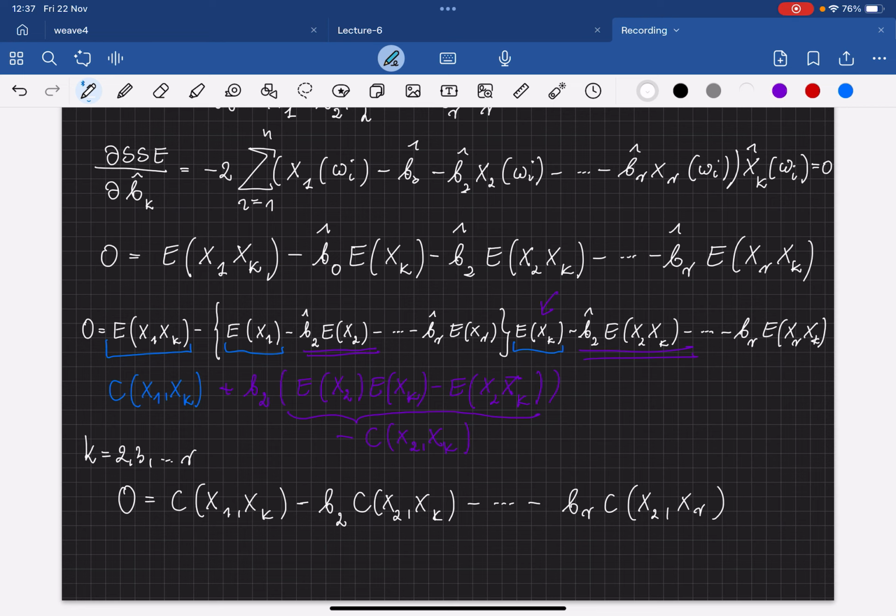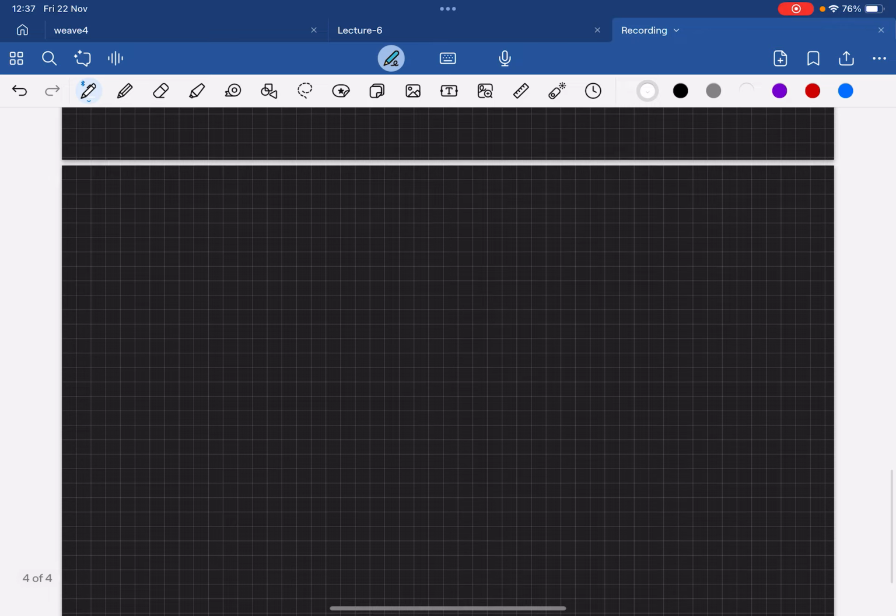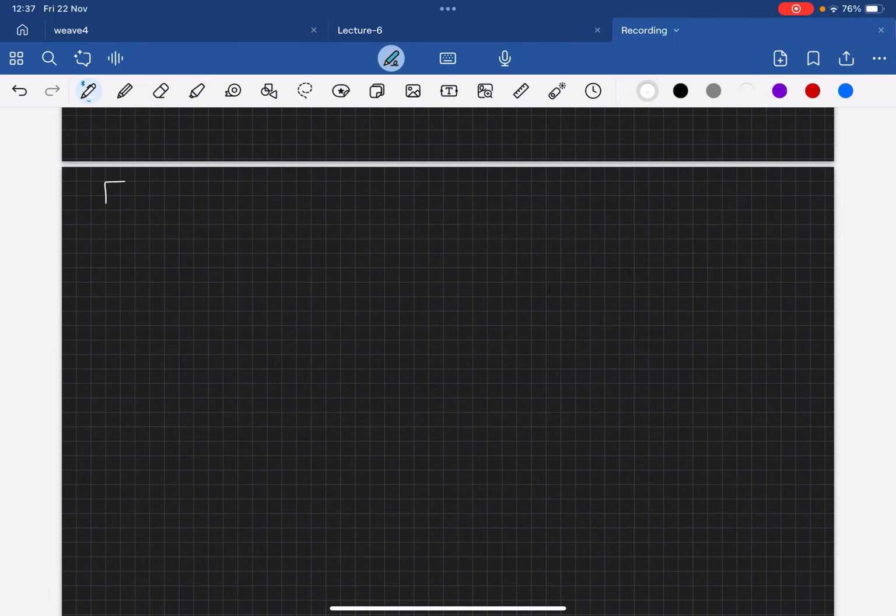I can then use my algebra skills and write those equations in the form of a matrix equation. The coefficients will form a covariance matrix. On the diagonal, the covariance matrix has variances.